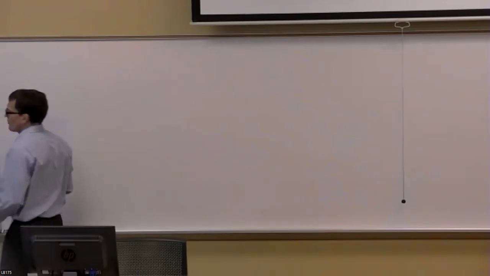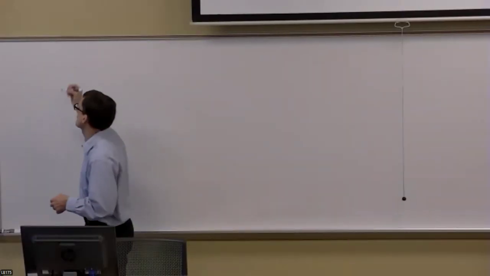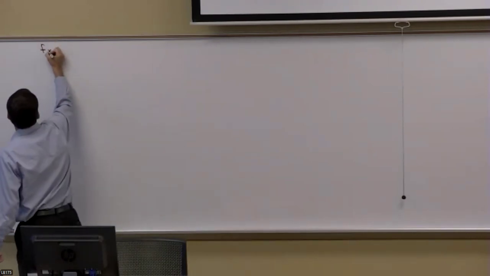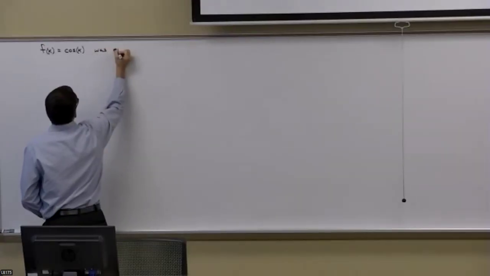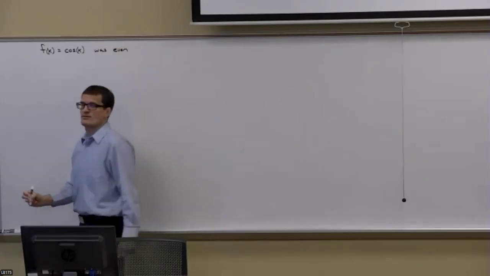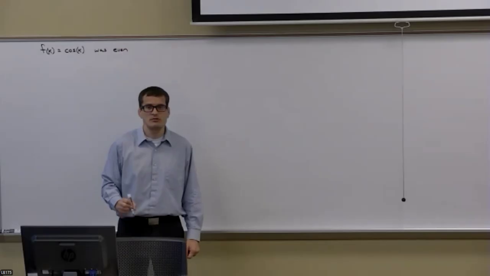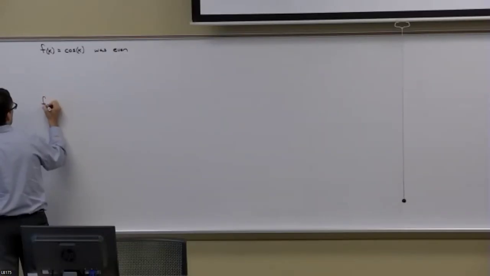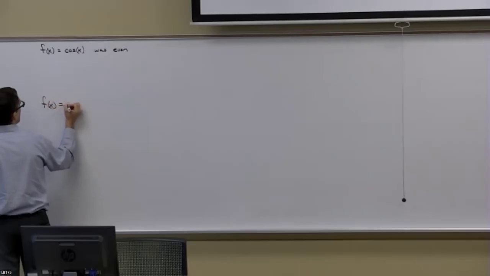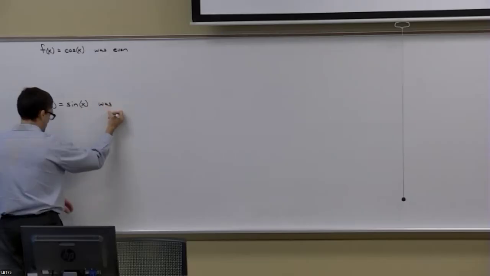But when we graphed cosine of x, f of x equals cosine of x was an even function, right? Everybody remember that? Cosine of x was an even function, and sine of x was an odd function.